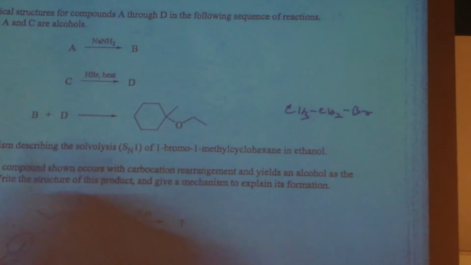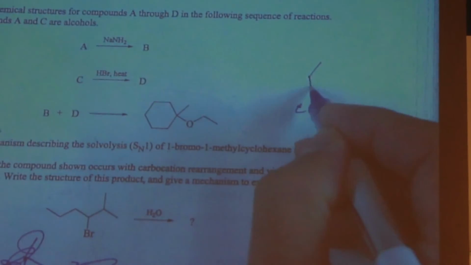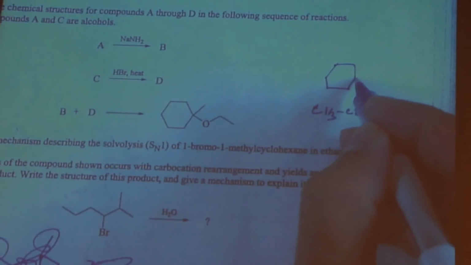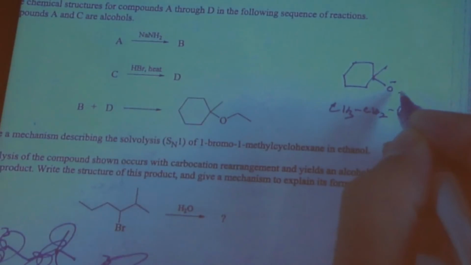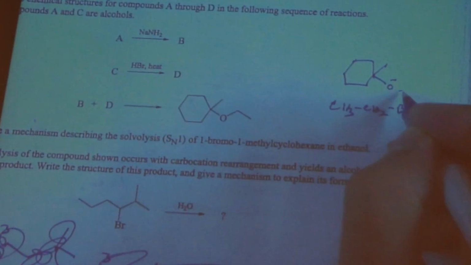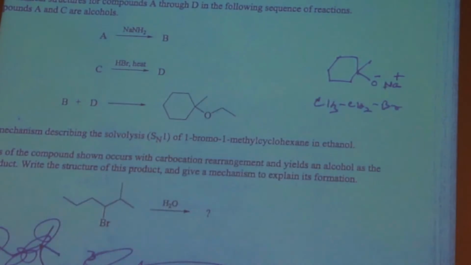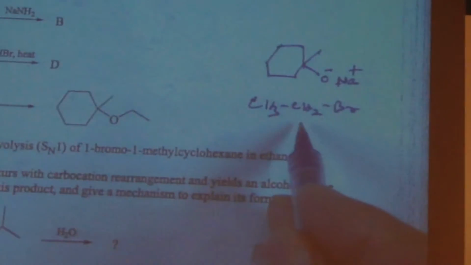The other one would be the alkoxide, O minus Na plus. So this one attacks very efficiently on the primary carbon, generating this product.